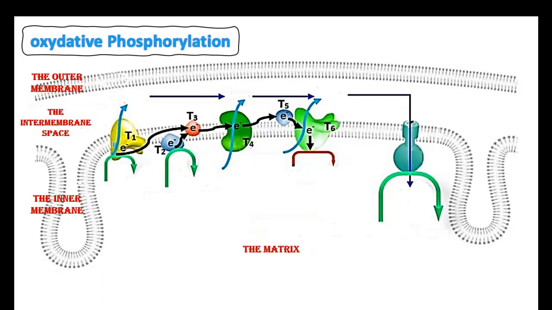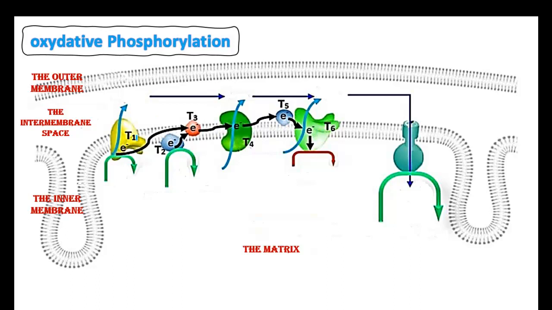If we take a look into this inner membrane of the mitochondria, we can see its chemical composition. Here we have the phospholipid bilayer, then we have these structures that we call proteins, especially transmembrane proteins, and we will call each one of them a complex. So this is complex number 1, complex number 2, number 3, 4, 5, and 6.